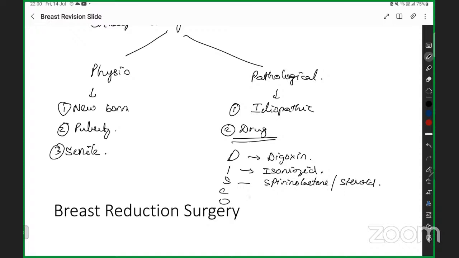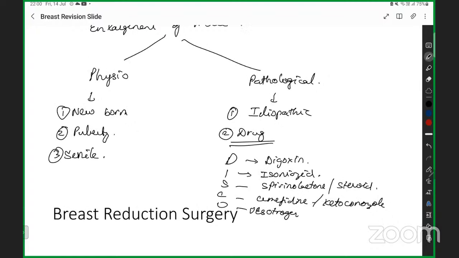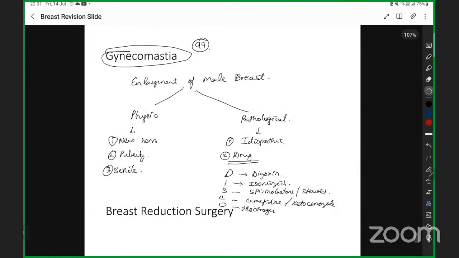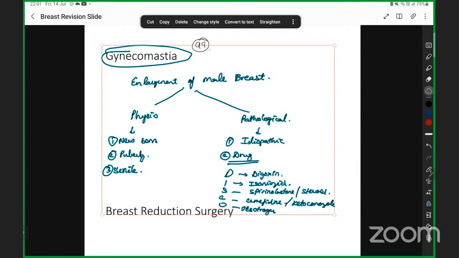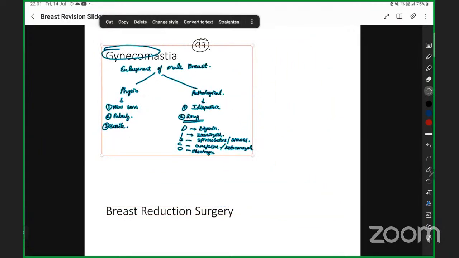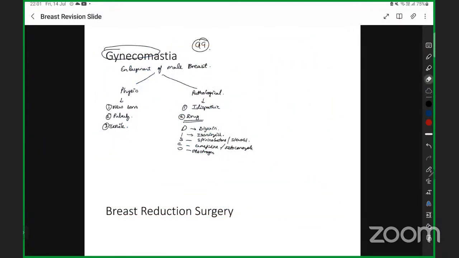Then cimetidine, or ketoconazole, and O stands for estrogen. These are the causes of enlargement of the breast.